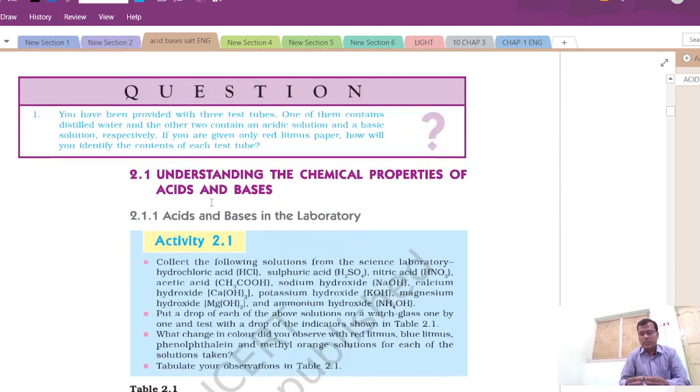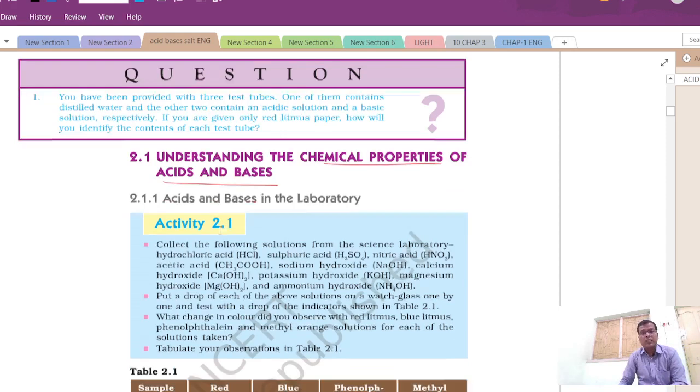This is another topic, understanding the chemical properties of acids and bases. What are the chemical properties of acids and bases? We have to know it.